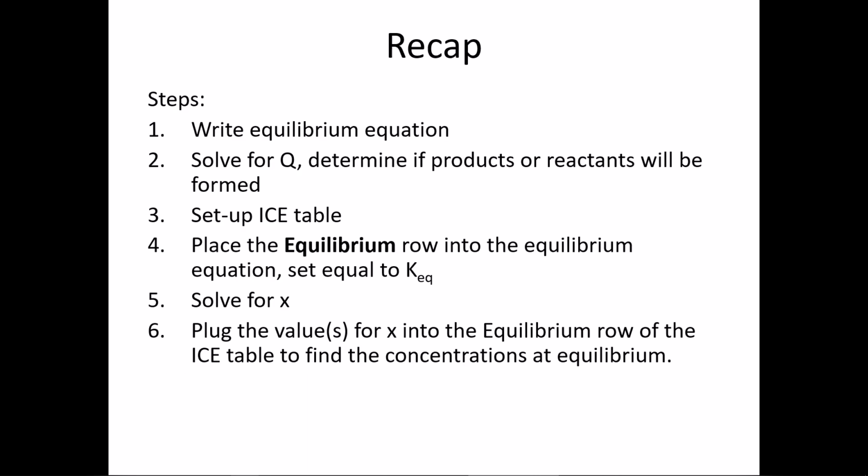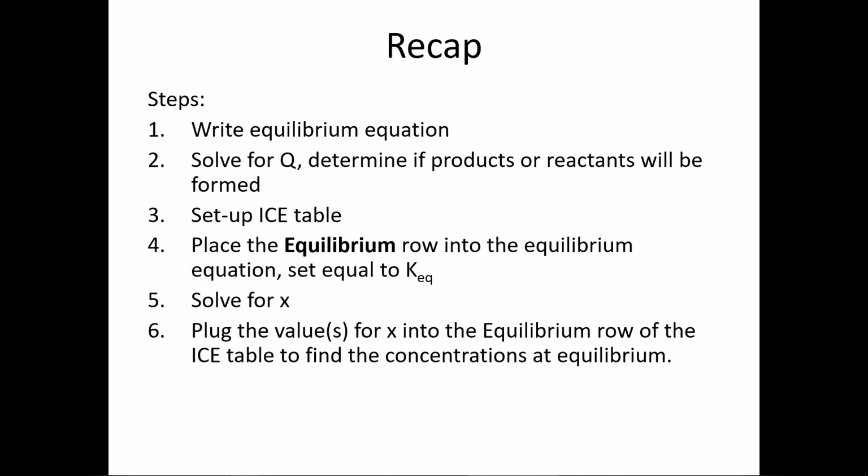Alright, so here are the steps that we went through in order to solve this. We need a balanced equilibrium equation. We need to determine the Q value. Which direction is the reaction going, toward products or toward reactants? We need to set up our ICE table with our balanced equation, and then look at our initial and change values.